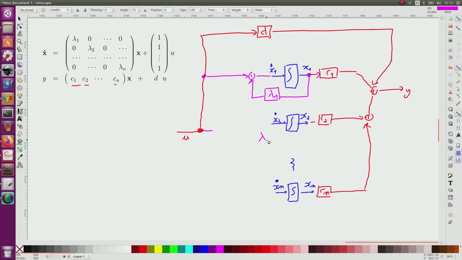I will have the own feedback, lambda 2, lambda n, an adder here, here, and also the u.